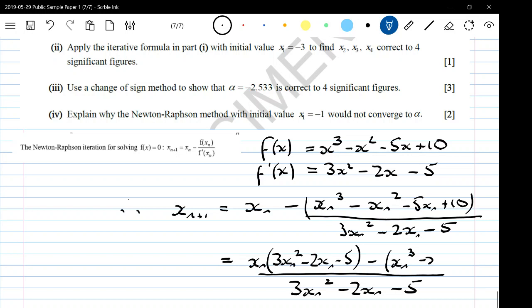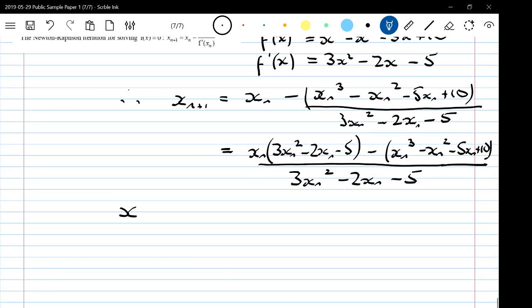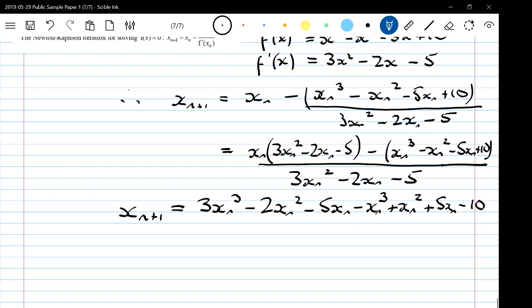Xn cubed minus xn squared minus 5xn plus 10. Close the bracket. So let's try and pull all of that together. Xn plus 1 is, the top line is going to be 3xn cubed minus 2xn squared minus 5xn minus xn cubed plus xn squared plus 5xn minus 10. All of that is divided by the denominator from before.